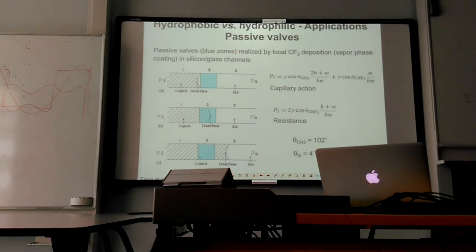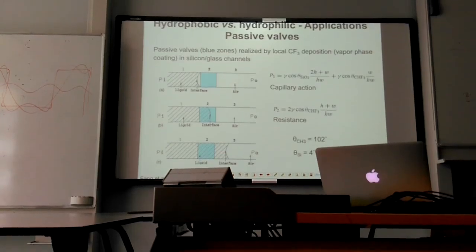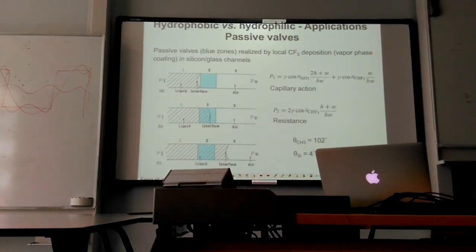So if you have a channel based on silicone or glass, so the material is hydrophilic, and at some point you want to stop your liquid at a given location, you can create somewhere a hydrophobic patch. Since your surface is hydrophobic, the liquid will not progress, and if you want your liquid to progress, then you need to apply a higher pressure.